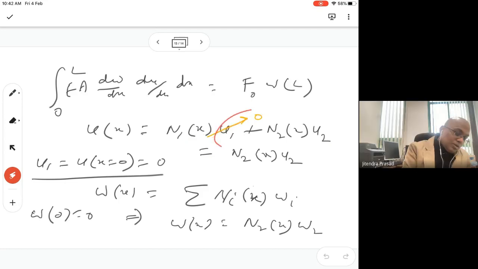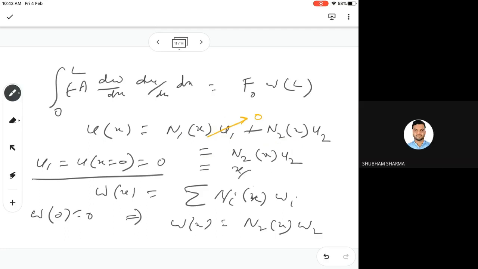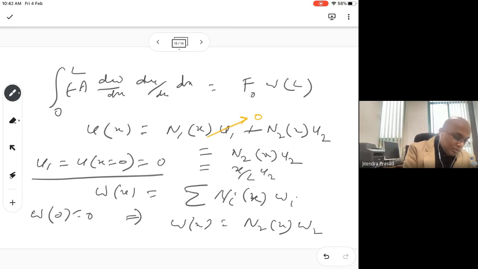So this is the essential boundary condition, and hence we have it like this. You can see the expression also: this will be x over L times u2. We are assuming u to be linear, so it continuously increases; if x equal to 0 it will be 0, and if x equal to L it will be u2. We have to find out what u2 is.